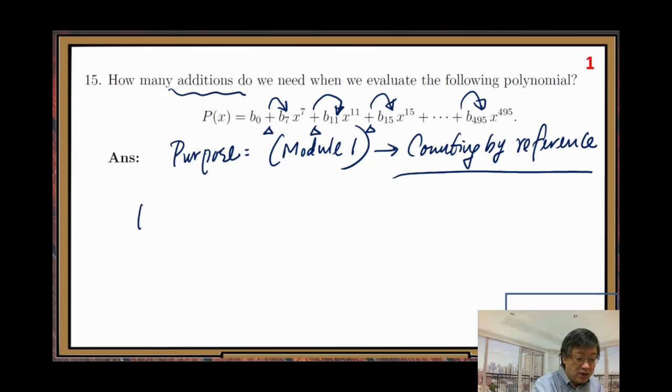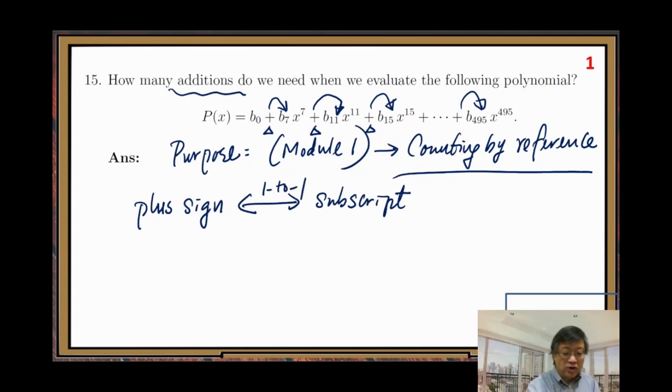Plus sign and subscript have a one-to-one correspondence. So when you count the number of plus signs, that is the same as counting the number of subscripts. That is the essence of this method, counting by reference.